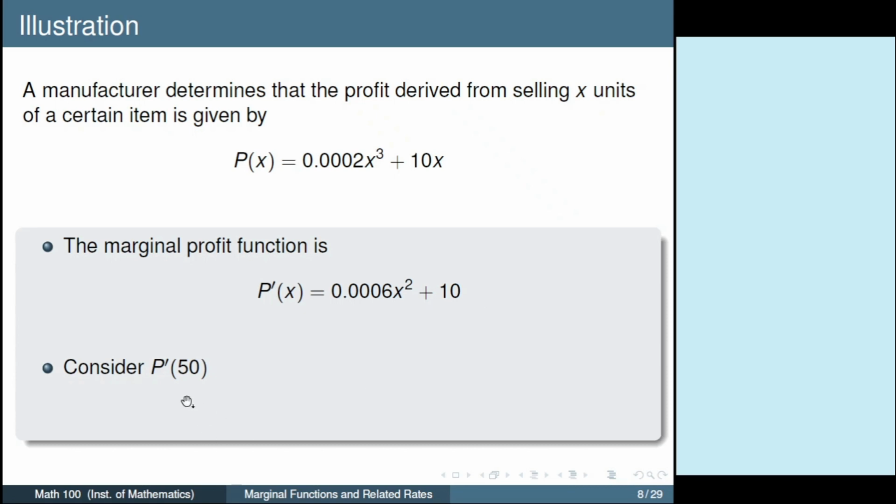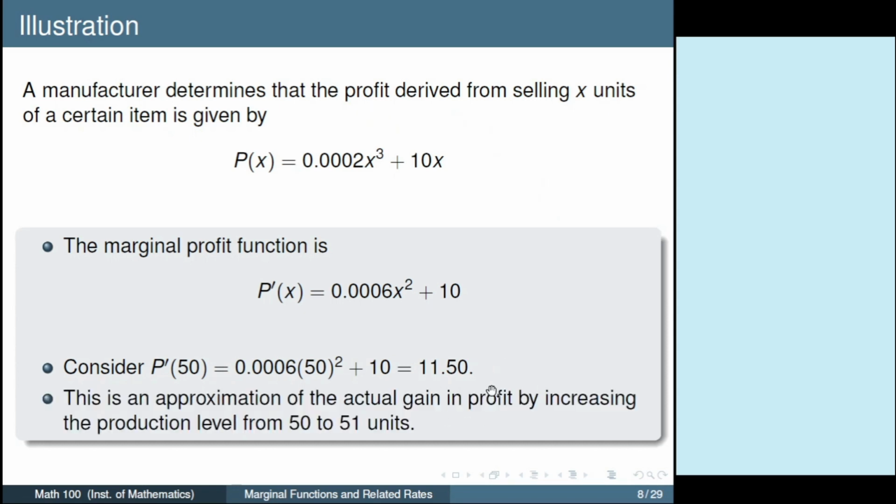So we have to get P prime of 50, substitute again here, and if we calculate this, this equals 11.50. So this is very close to our actual value, which is 11.53. Hence, this is an approximation of the actual gain in profit by increasing the production level from 50 to 51 units.